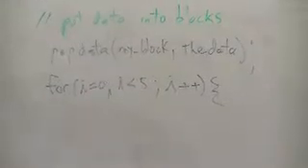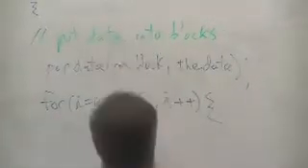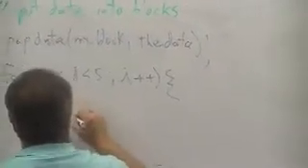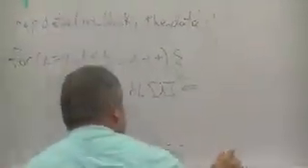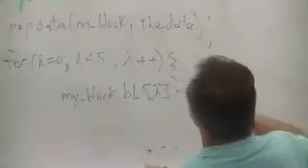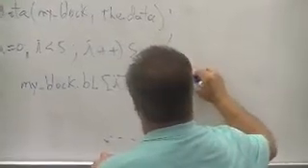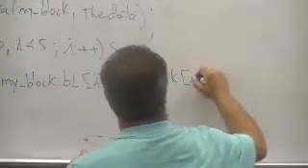I would say my block dot BL of i gets my block of i.